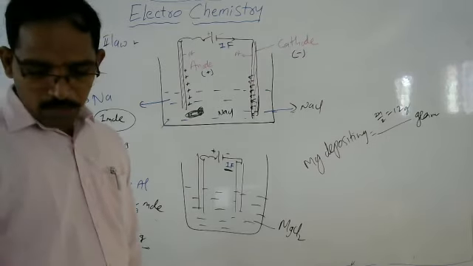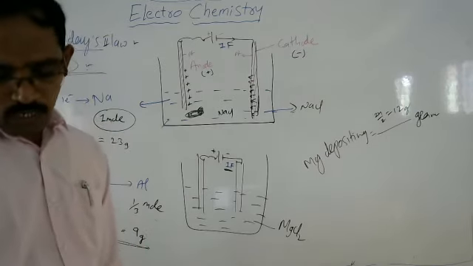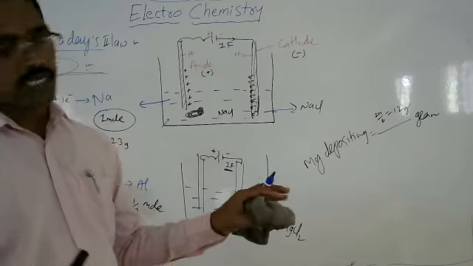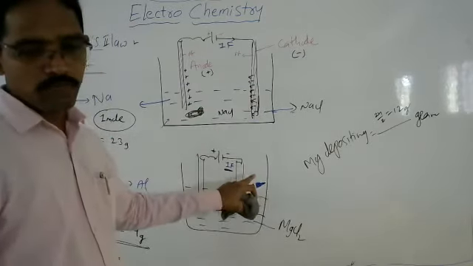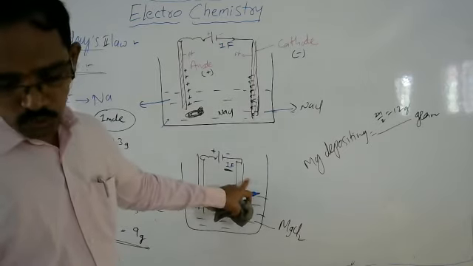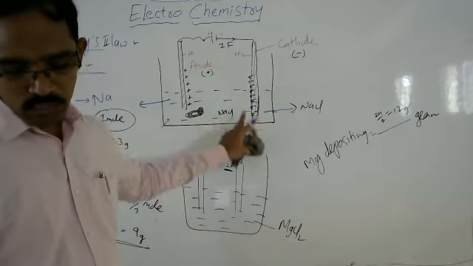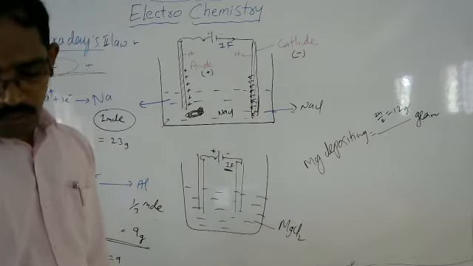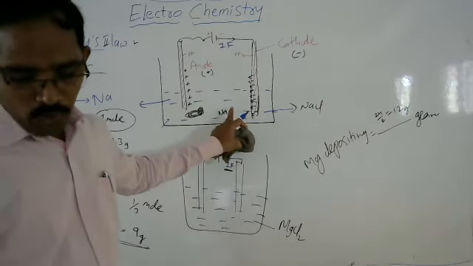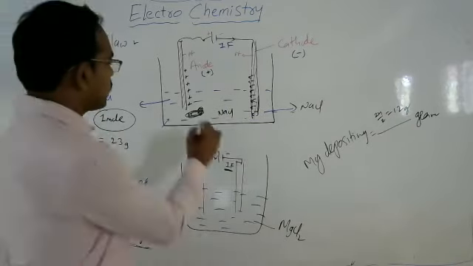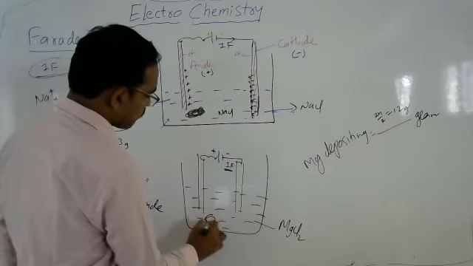The second law is telling that whenever the same quantity of electricity is passed through different solutions, here and here, something is deposited in each.